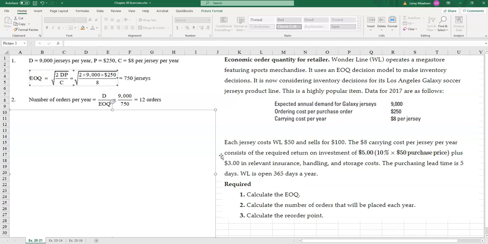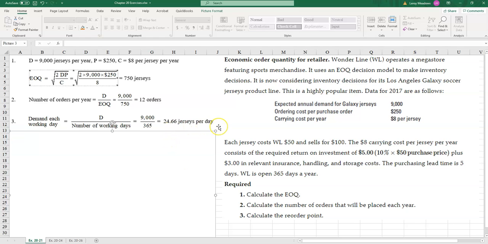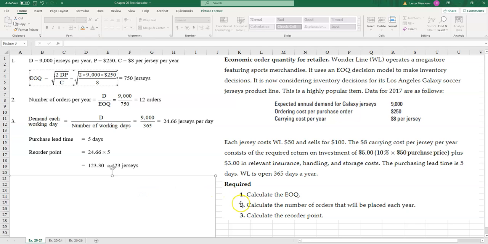And when I do that, I sell 24.66 jerseys per day. My lead time is 5 days. So when I multiply that by 5, my reorder point is going to be approximately 123 jerseys.